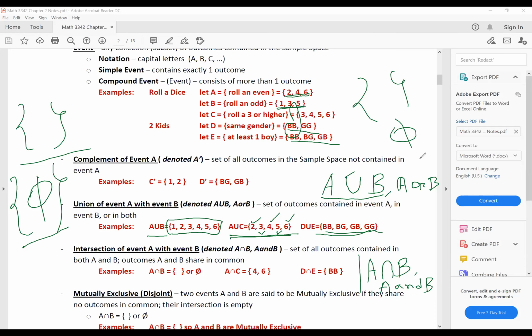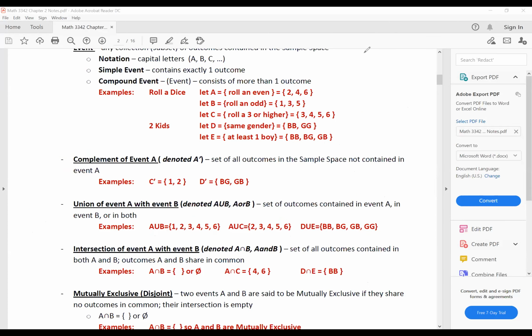Then it will be wrong, because this actually means a set which has one element, which is phi. Okay, so since A and B don't have any common outcome, the intersection will be the empty set. So this is the empty set, so you can use this notation or phi.